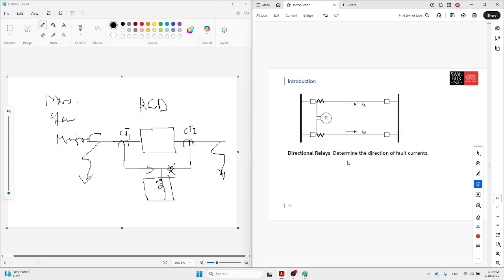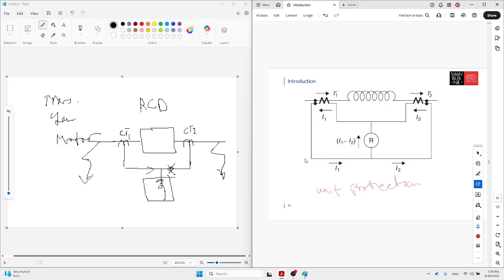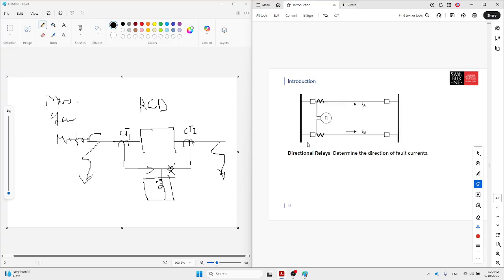The other relay we are going to explain is called the directional relay. Directional relay operation is in the way that we must send the current or power only in one way. So the opposite way is not acceptable.